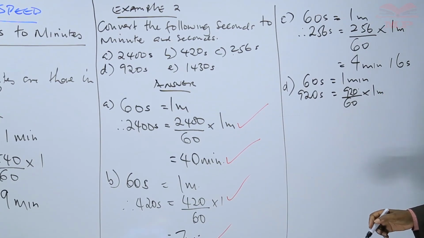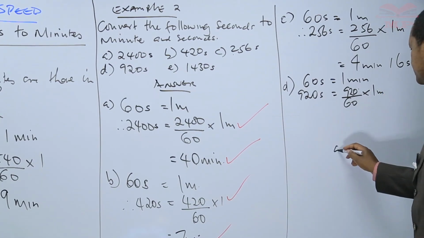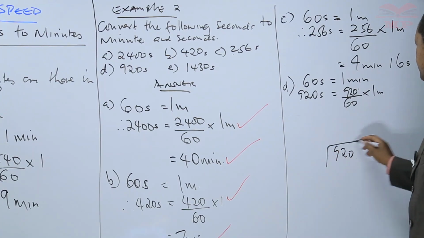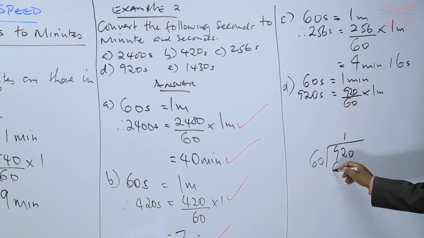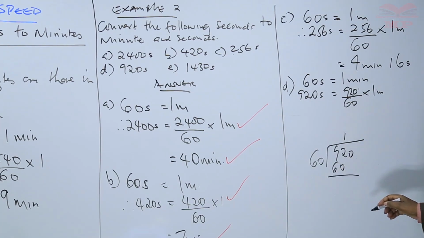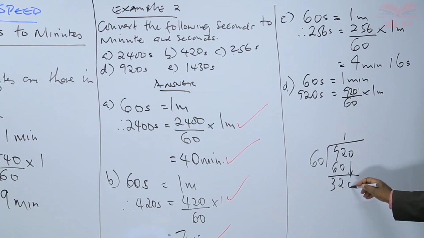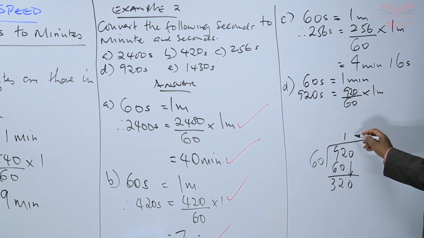So we divide 920 by 60. 60 goes into 92 once. Then we have remainder 32 here, then we bring down this 0. So 60 goes into 320 5 times.